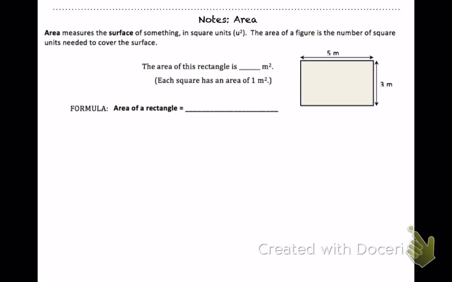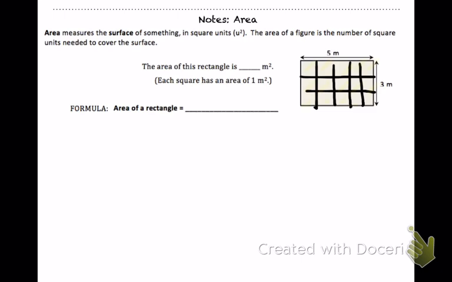In this case, if I start breaking down this rectangle, it measures 5 across and 3 up and down. So I'm going to break it apart into 5 in one direction, 3 in the other. If I count the individual squares, I can see there's 1, 2, 3, 4, 5, 6, 7, 8, 9, 10, 11, 12, 13, 14, 15.